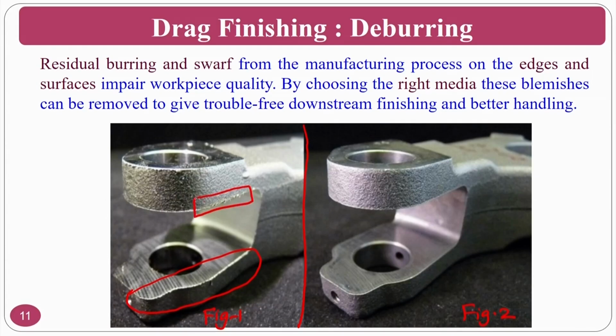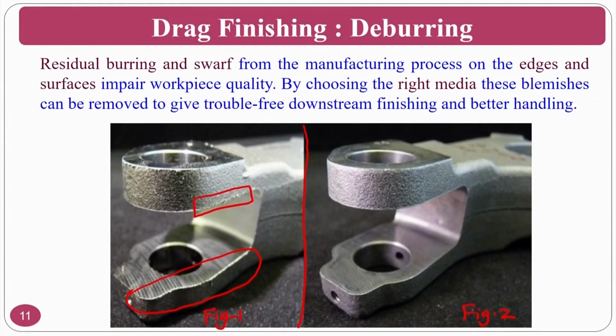These burrs impair the quality of the component, and if you want to put this particular component in a practical application, these burrs hamper its performance. So by choosing the right media, you can do the drag finishing operation, and you can clearly see in figure number 2 how these burrs are removed.